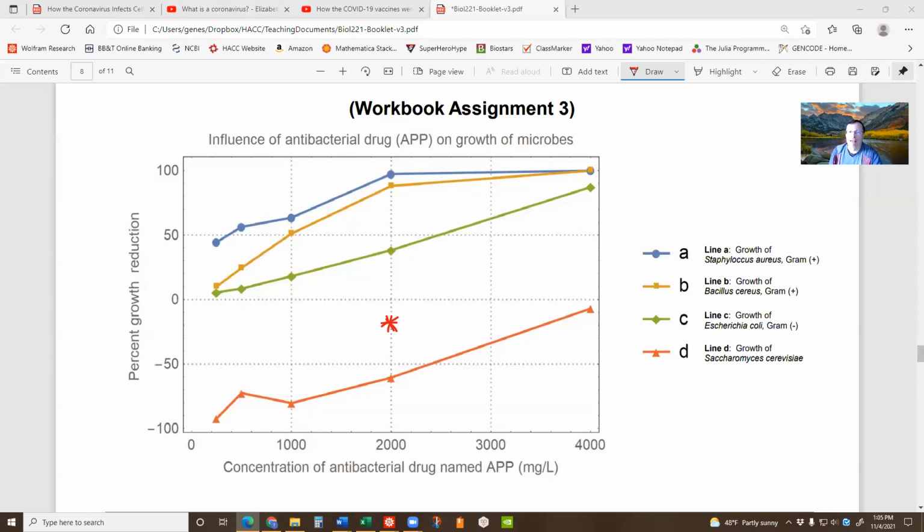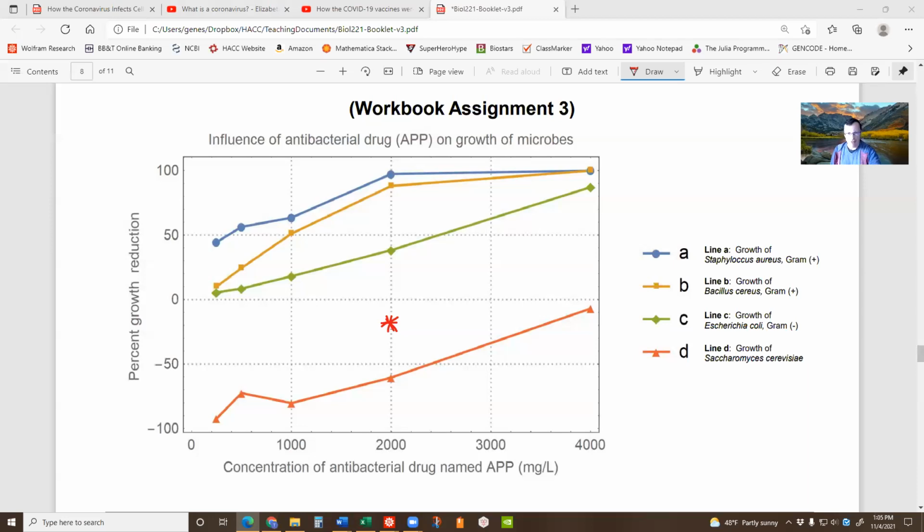So Elena, here's your question. Can it be interpreted as antibiotic resistance? What do you mean by it, Elena? The Saccharomyces cerevisiae. Okay, so that antibiotic is not effective on it because it's growing.